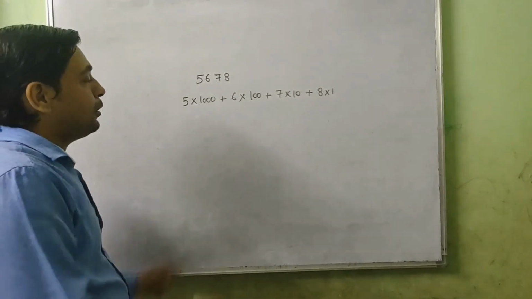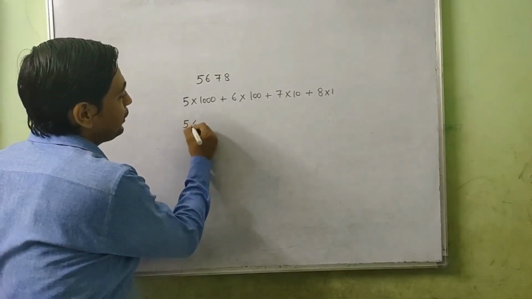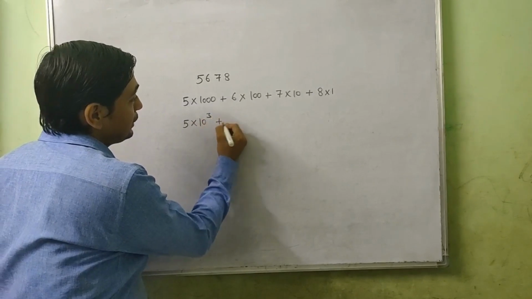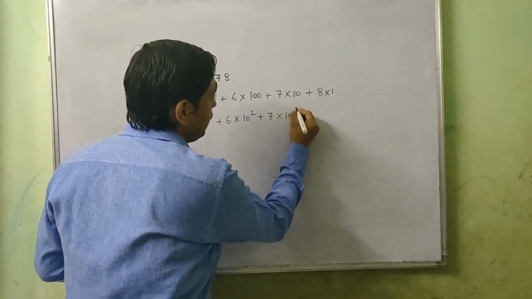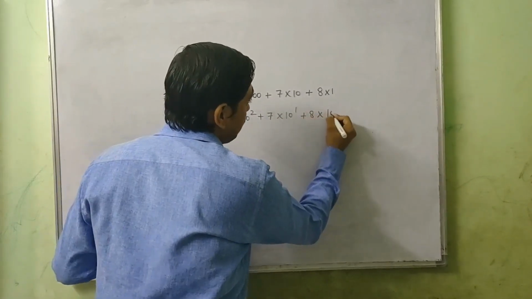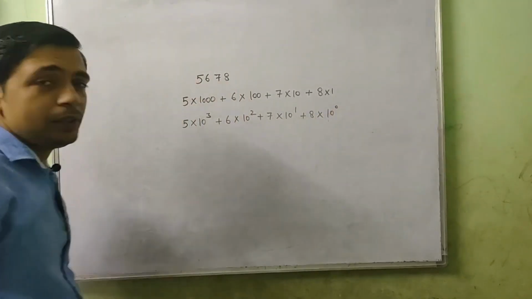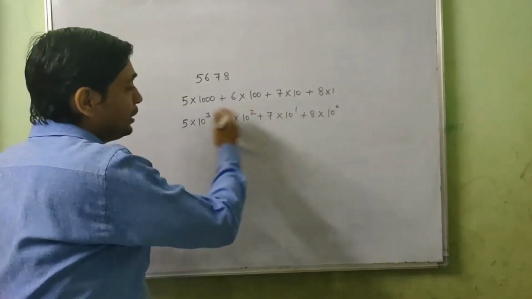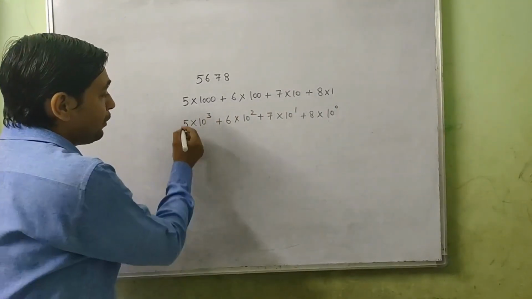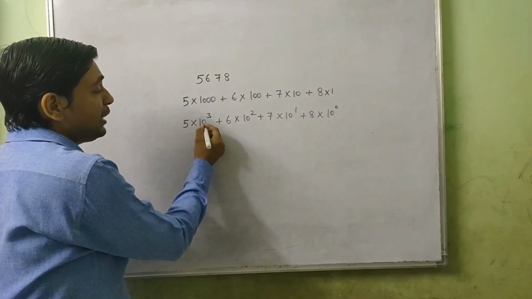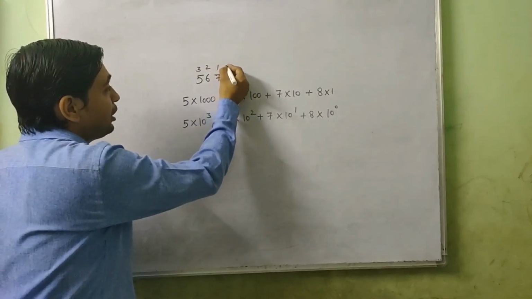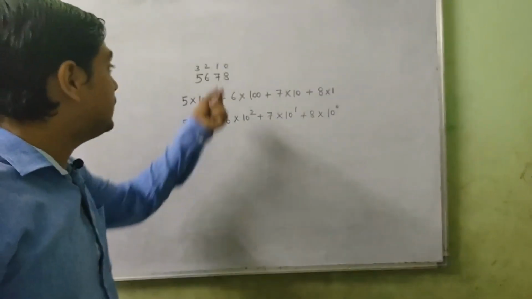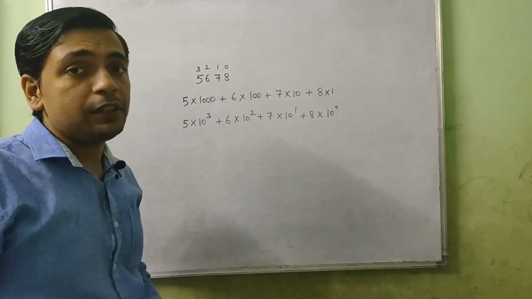Actually we can represent it as 5 into 10 to the power of 3 plus 6 into 10 to the power of 2 plus 7 into 10 to the power of 1 plus 8 into 10 to the power of 0. And let's note down the power of each digit. For example, 5 is multiplied with 10 to the power of 3, so let's note down 3 over here. Here it will be 2, here 1, here 0. So these are the powers of 10.